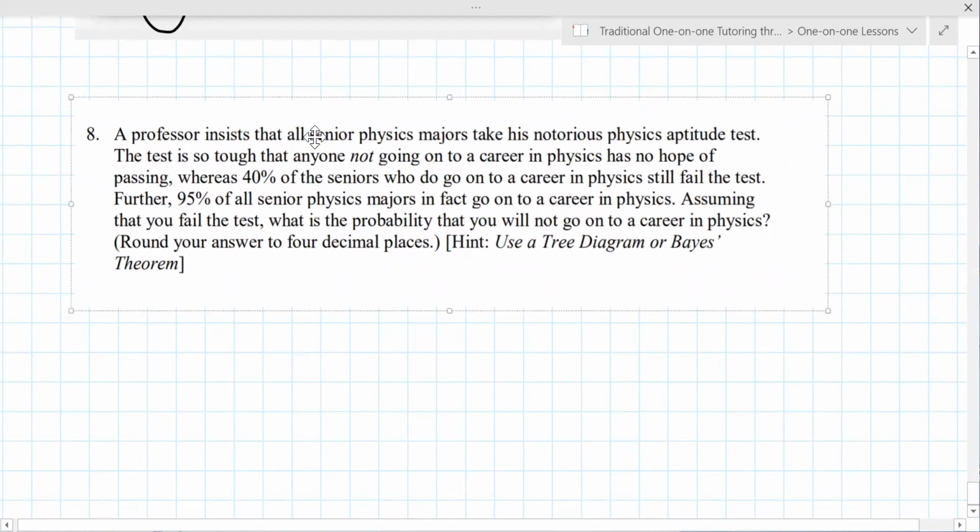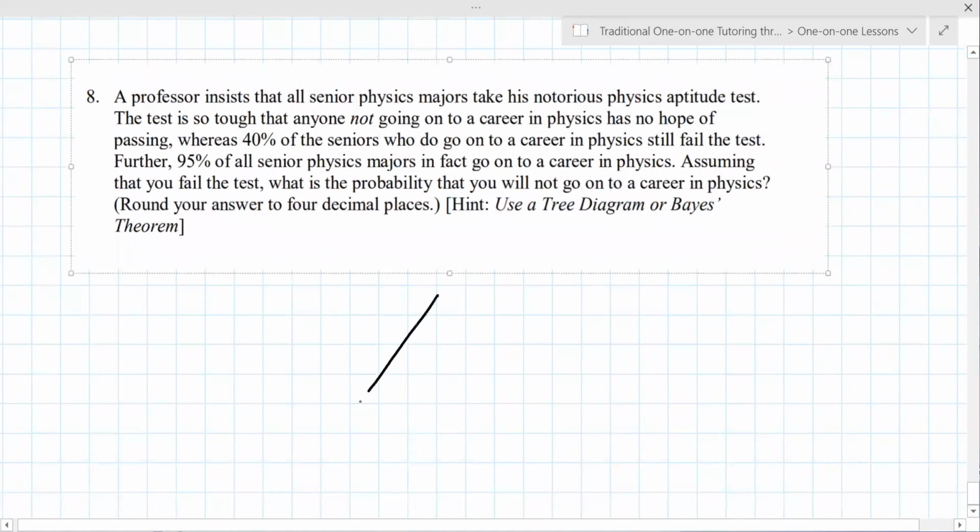Okay, so a professor insists all senior majors take his physics test. Fail the test. 9% of majors go on to a career in physics. I've got to figure out the tree here.